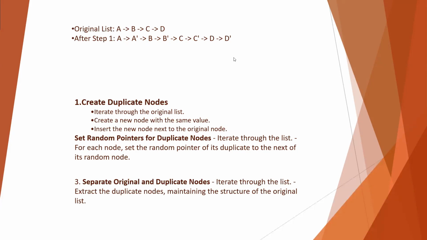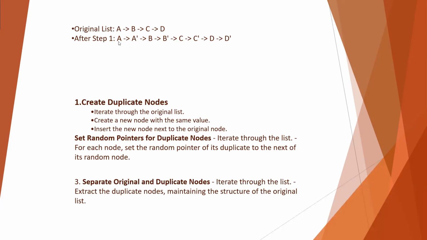Arranging next is not a problem, because we know that after A, B will come, after B, C will come. But random pointers are the ones which we cannot predict, whether they are there in the list or not. So in order to avoid duplication, we are forming a structure like this, and then we can easily allocate random pointers to the newly made linked list nodes.